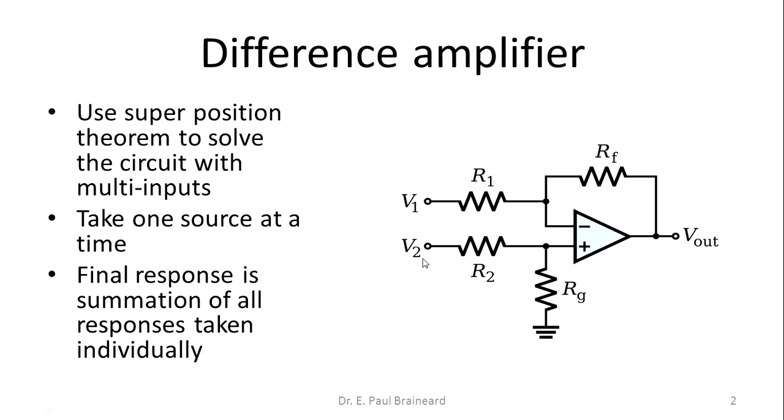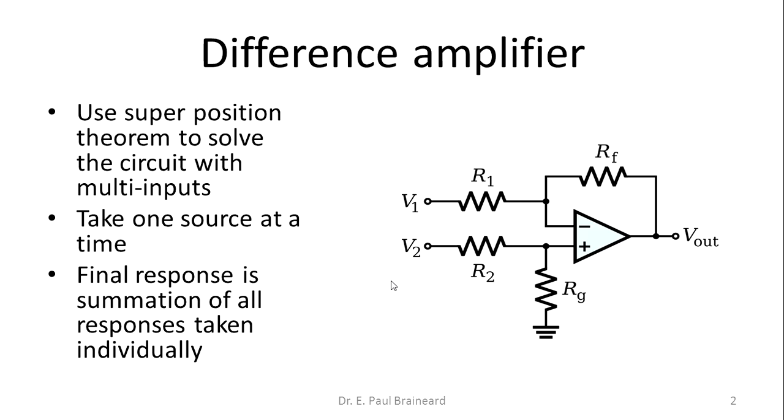In this particular example, I have got only one inverting and one non-inverting input. On the other hand, you might have a lot of inverting inputs as well as non-inverting inputs. In order to solve such problems, we can use the superposition theorem. So what we will do is take one voltage source at a time, disable all the other voltage sources, and find the response because of this particular voltage source.